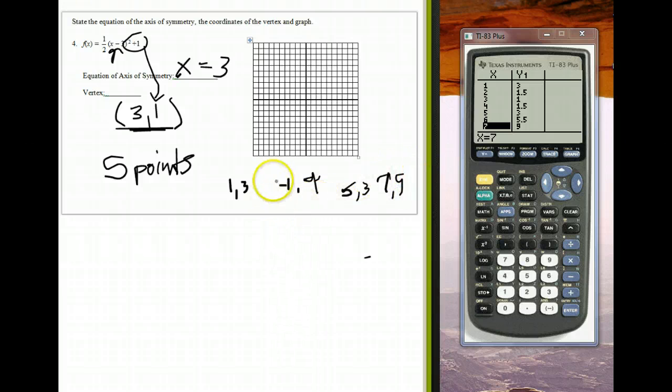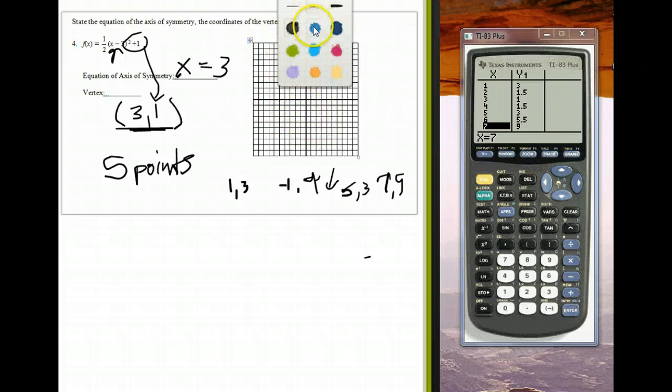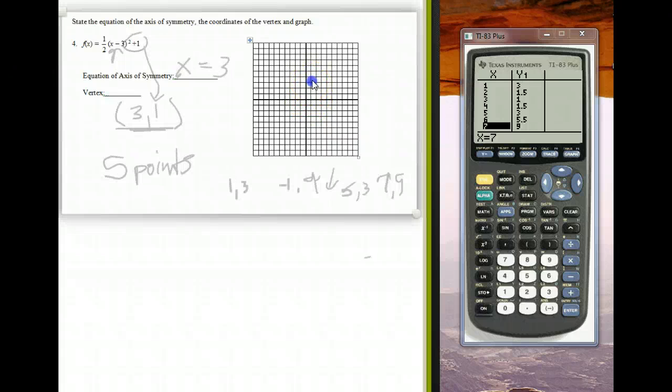All of those, and then my 3, 1 obviously gets squeezed in right there. Alright, so I graph all these things. Let me change color. Let's do green. I'm going to do 1, 3.